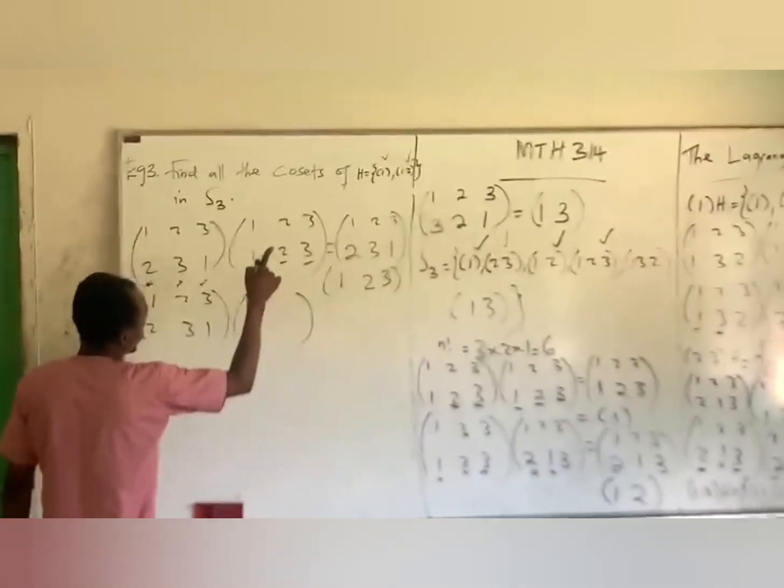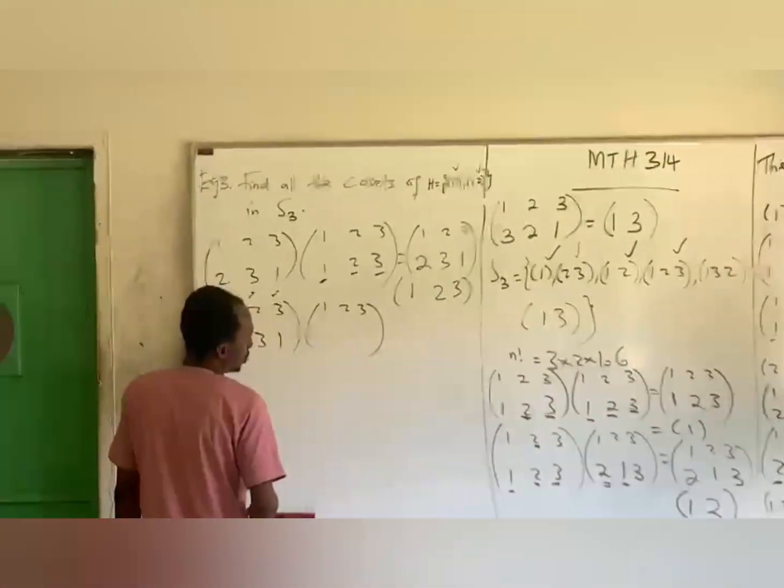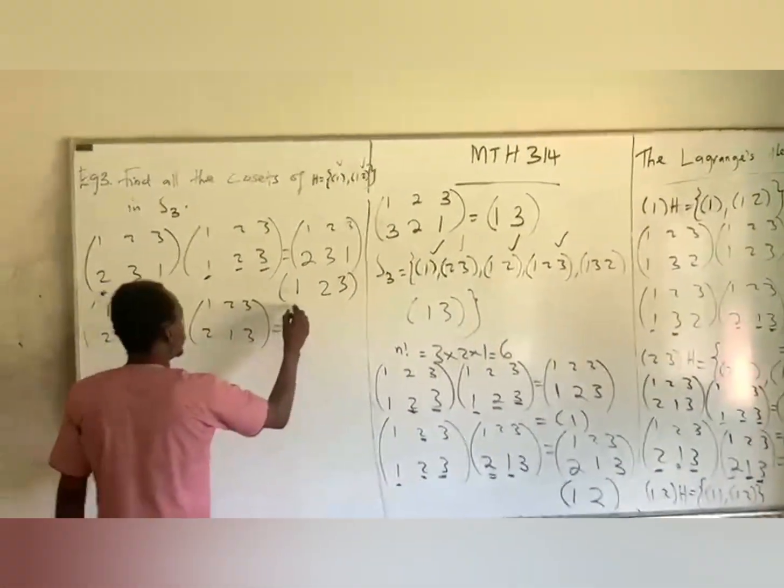Multiply it by 1, 2. What is the permutation for 1, 2? You can tell us: 2, 1, 3. So let's see.